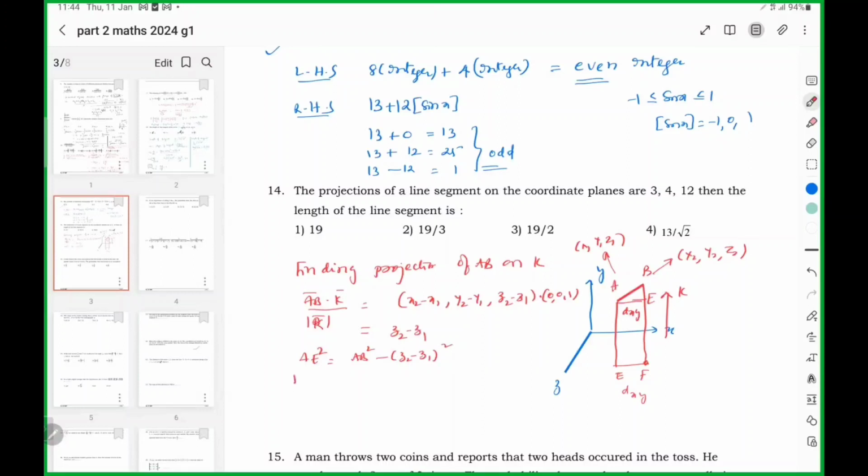So similarly, projecting AB on YZ and ZX planes, we get AB square minus YZ. ZX means AB square minus y2 minus y1.